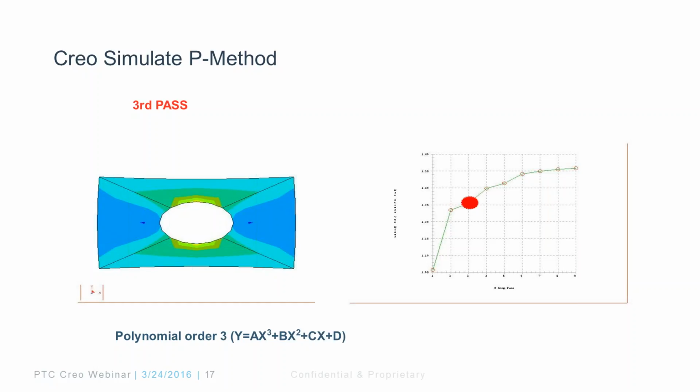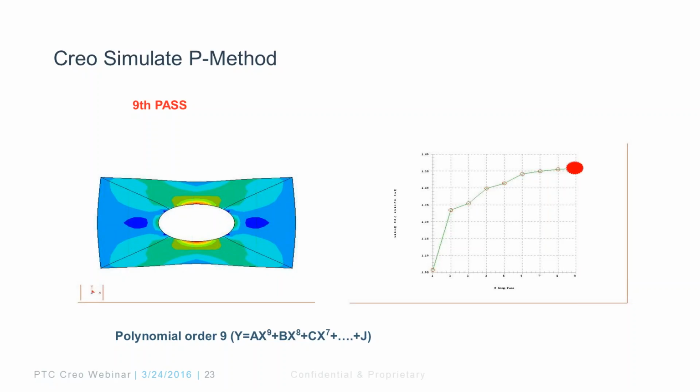If not, it keeps bumping it up to the cubic equation, 4th order equation, 5th order, all the way up to the 9th order. So you can see the graph that you see here. I'm a lot more confident now that my solution is accurate.